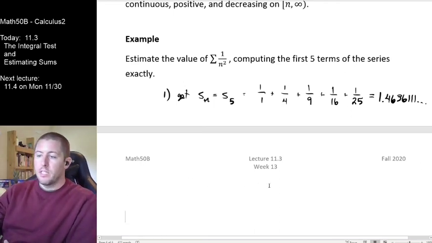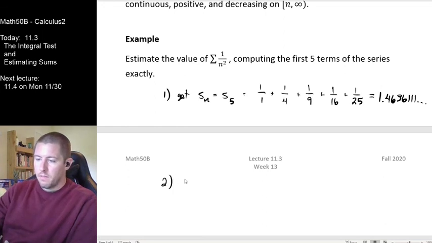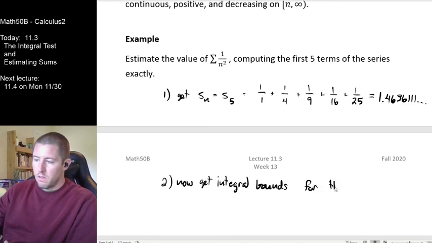Now, let's get integral estimates for the tail. The tail beyond n equals 5.